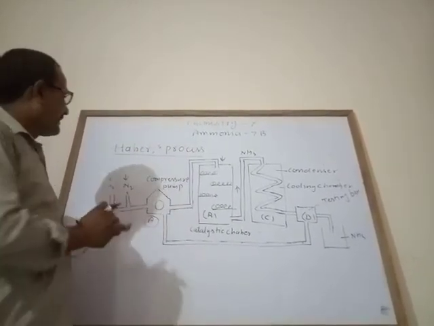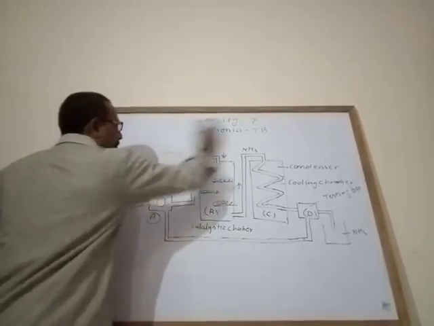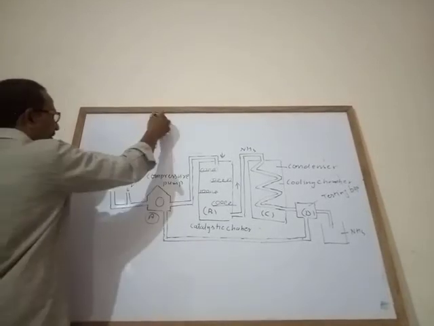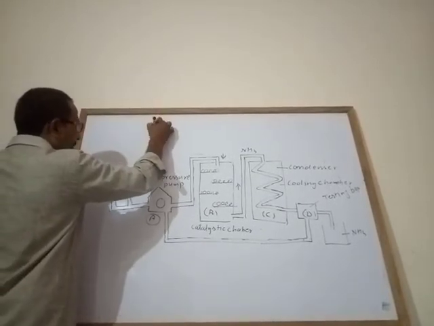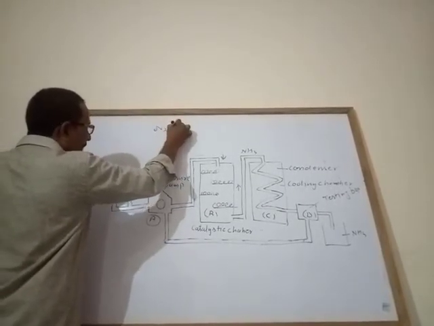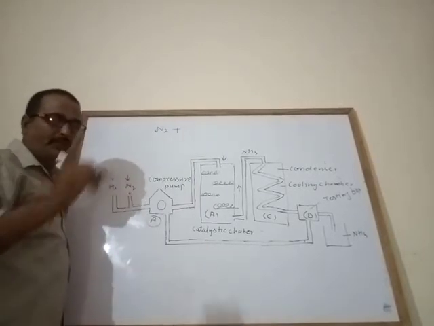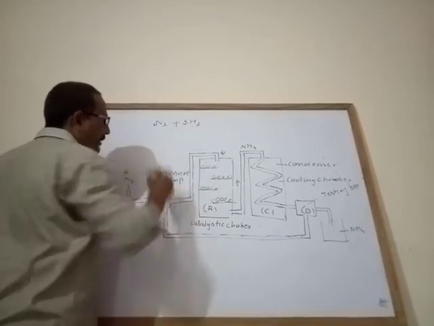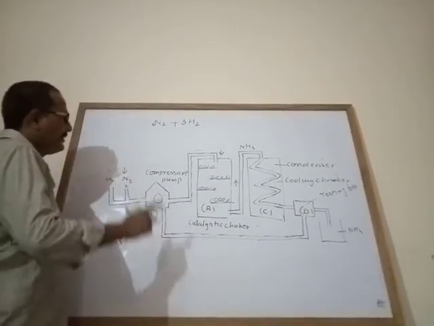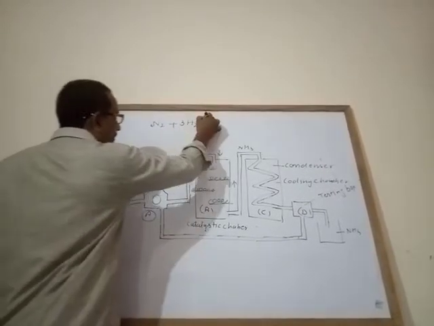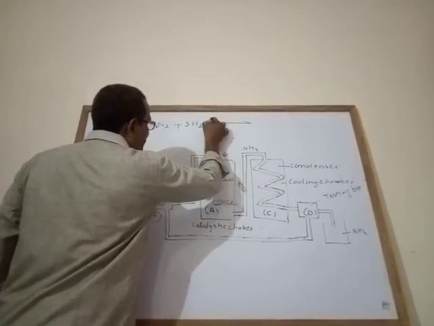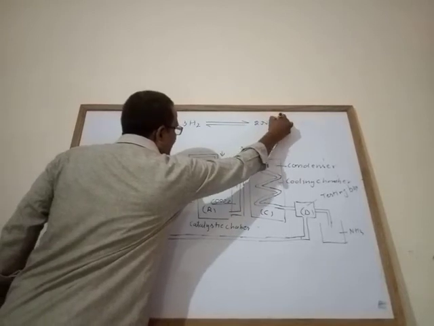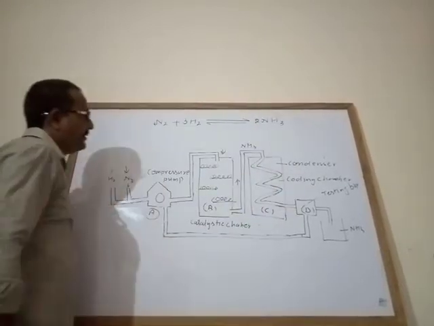What reaction will take place? See that, one by one I am going to explain all the reactions. See that, nitrogen from fractional distillation of liquid air, hydrogen from the Bosch process from water gas, a reversible reaction, forms 2NH3, ammonia gas.